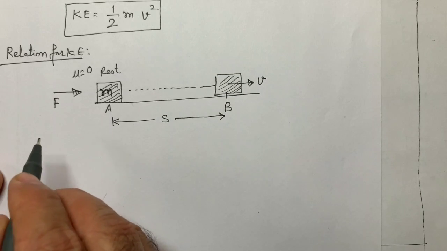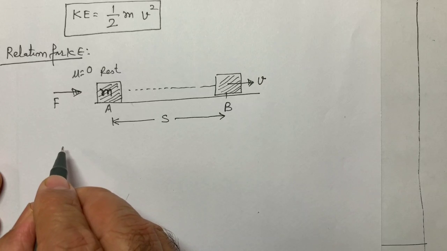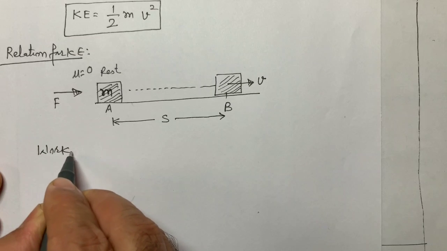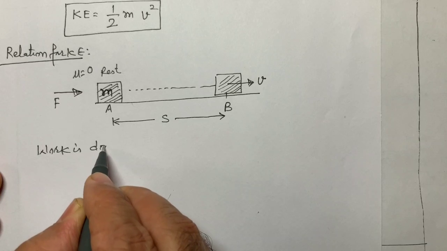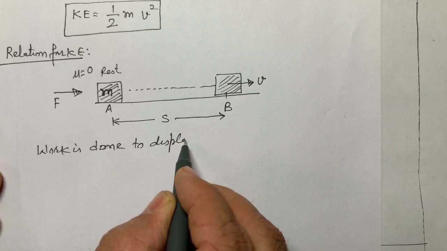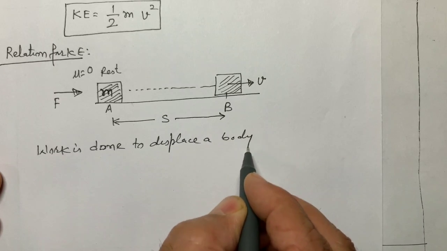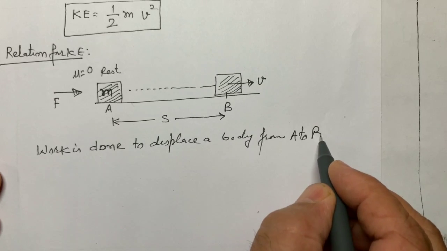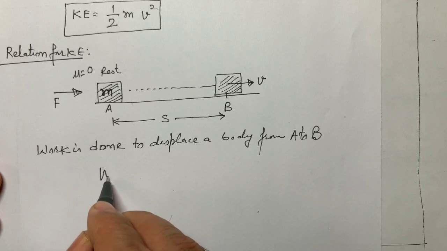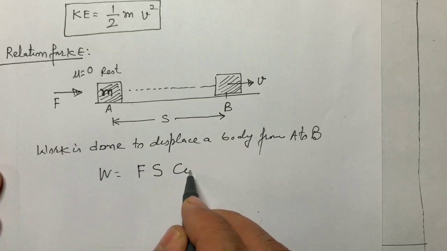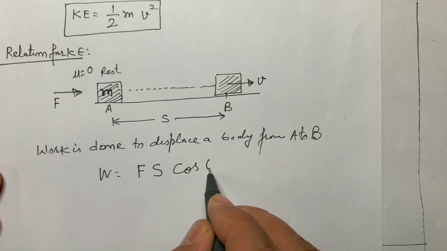Now, first of all, to prove this relation, we know how much work is done to displace a body from A to B. You know, work is equal to force into displacement into the cosine of the angle between the force and displacement, that is 0 degree.